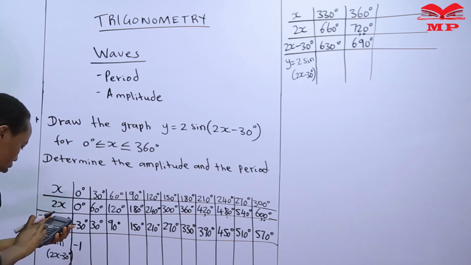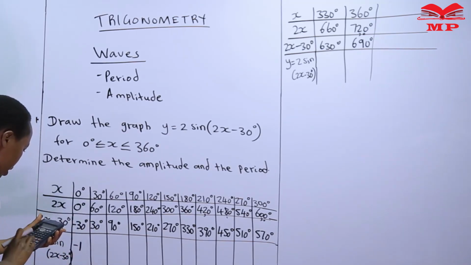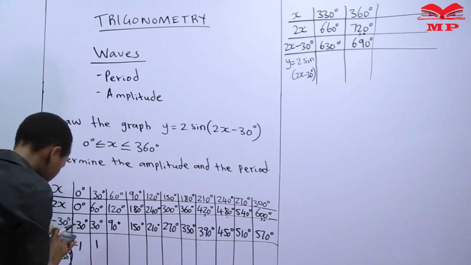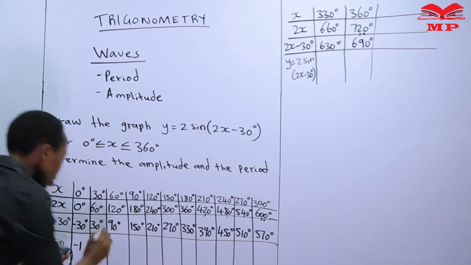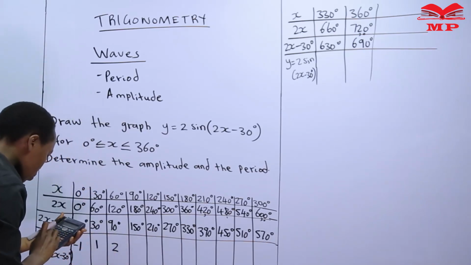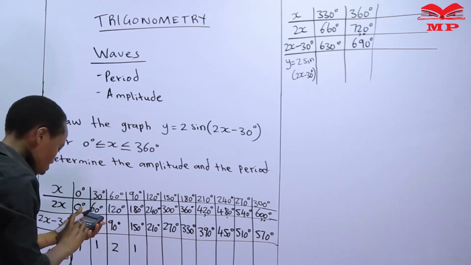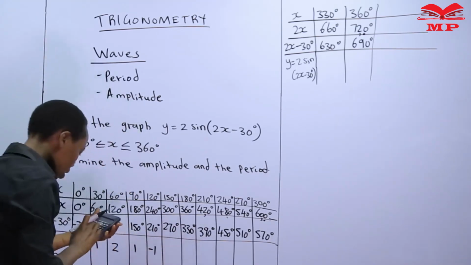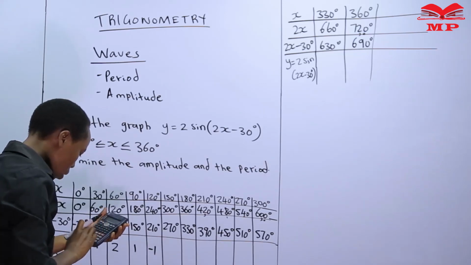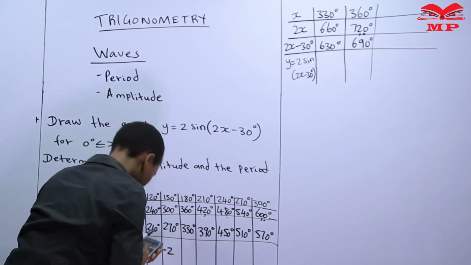Then we have again 2 sine 30 degrees, which is 1. We have 2 sine 90, which is 2. 2 sine 150, we get 1. Then 2 sine 210, we get negative 1. We have 2 sine 270, we get negative 2.